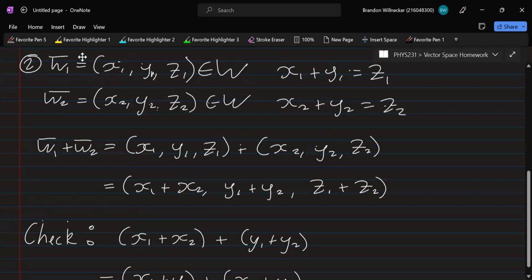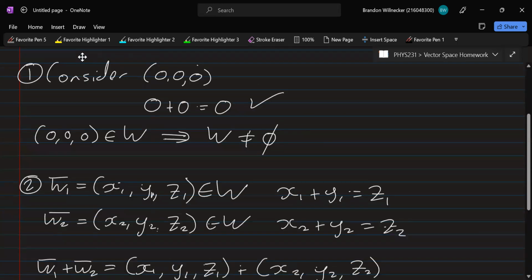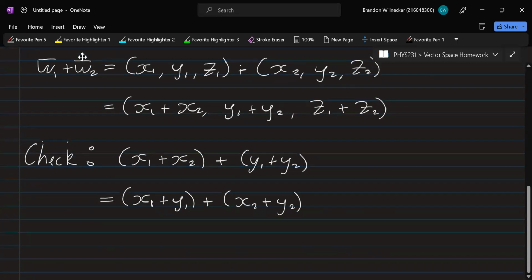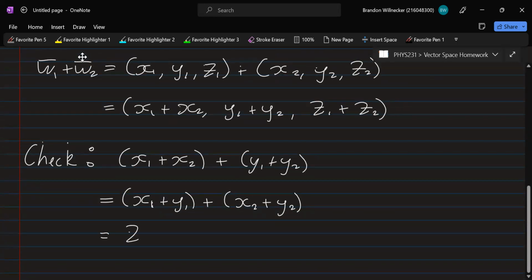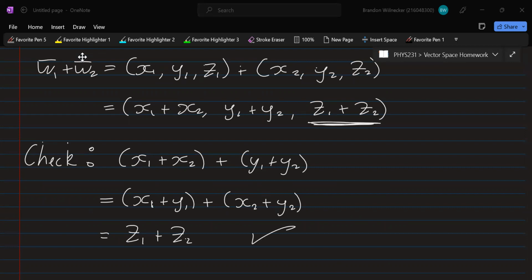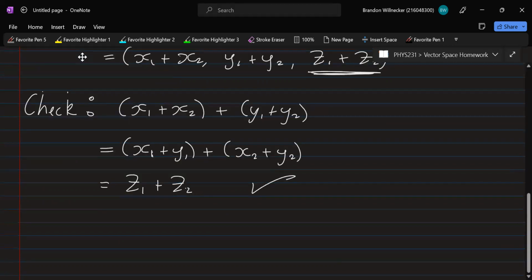But now X1 plus Y1 is just Z1 from this first equation, and X2 plus Y2 is Z2 from the second equation. So this is in fact equal to Z1 plus Z2, which is indeed the third element. So yes, W1 plus W2 is again in W. Now we need to check the scalar multiplication. Is it closed under that?